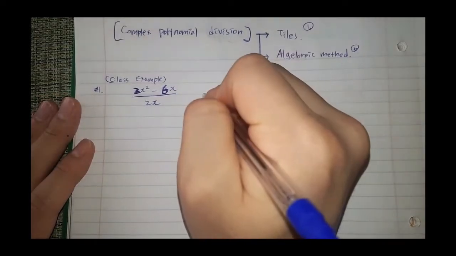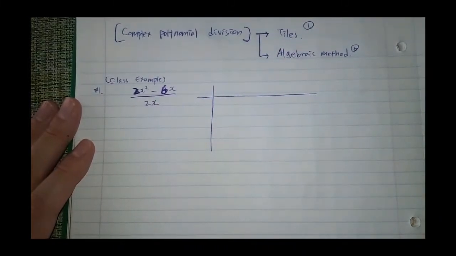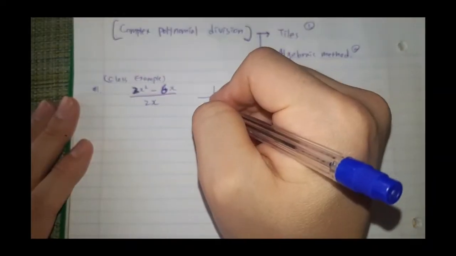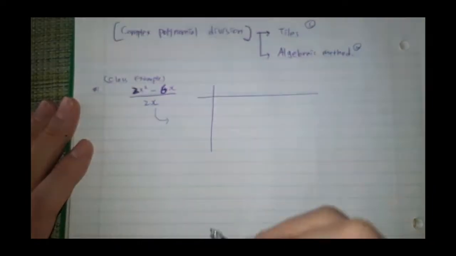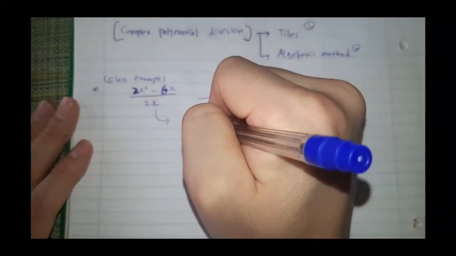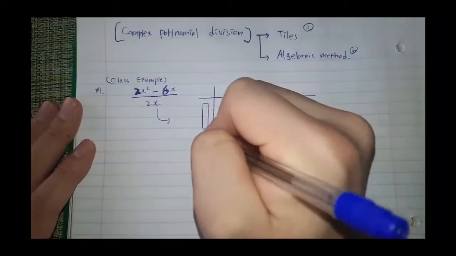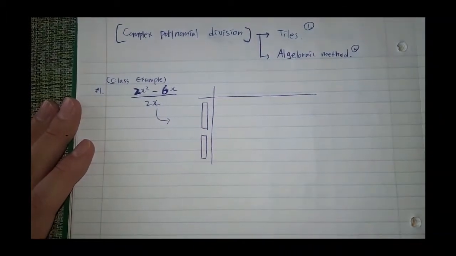If you use the tile situation, you need to decide whether the denominator goes in your vertical or horizontal placement. Let's put that as a vertical situation. So why don't I put 2x, noting that it's a strip and another strip, like that.